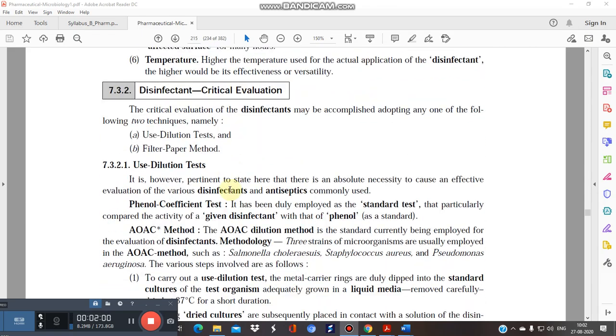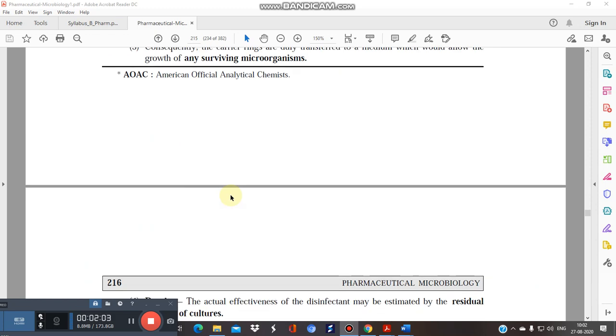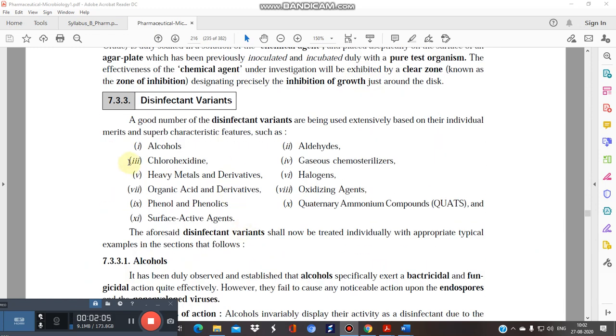And we have also covered some examples of the disinfectants in this way. We have covered the chemical disinfectants like alcohols, then chlorhexidine, aldehyde gases, yes, quats, that is quaternary ammonium compounds, surface active agents, phenol and phenolics. This is the most important. Okay, so far we have covered this point.